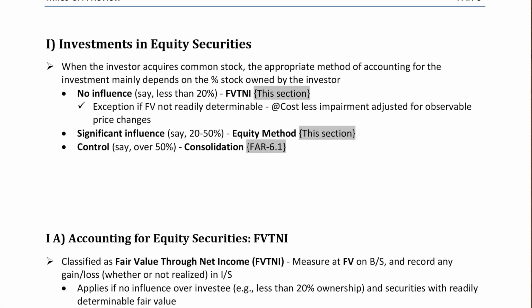On page 3, highlight FVTNI. So this is fair value through net income. And this method of accounting for investment in equity securities is used when the investor has no influence and fair value is readily determinable.